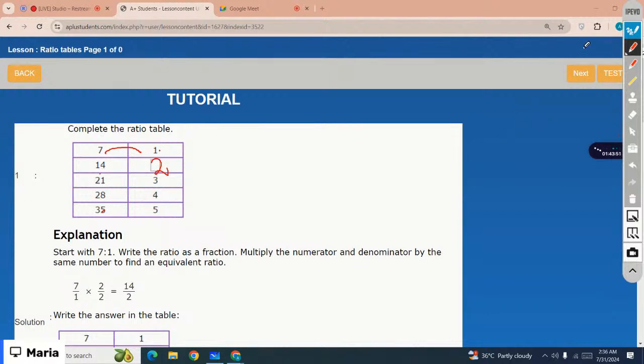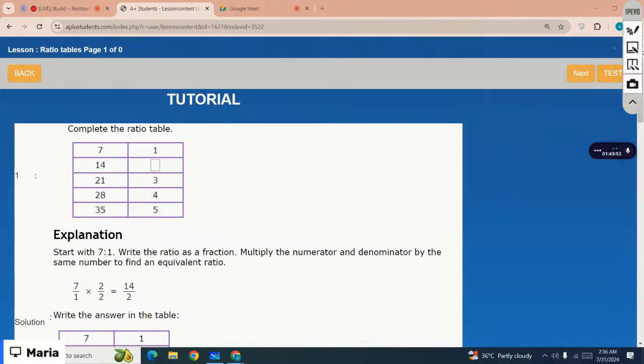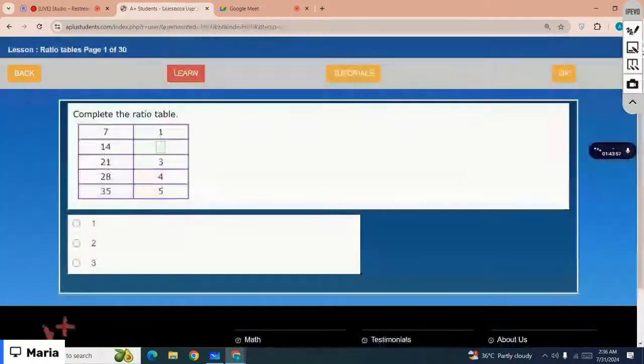Let's just start with it. Basically, you need to find a relationship between both the columns given. One of them is input and output. Okay, complete the ratio table. So which value is missing?